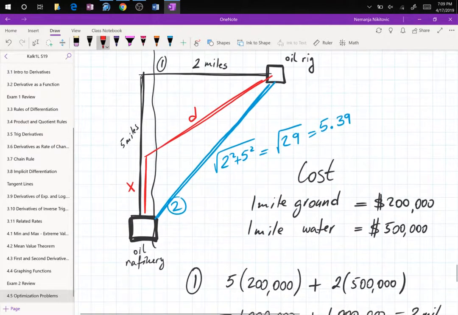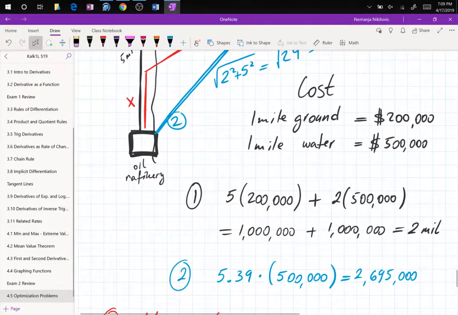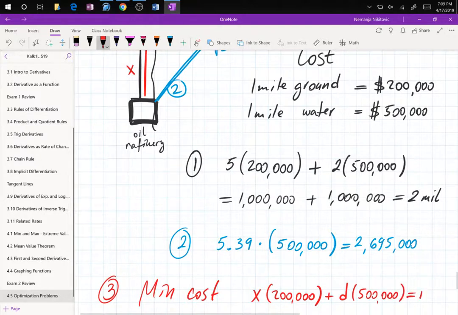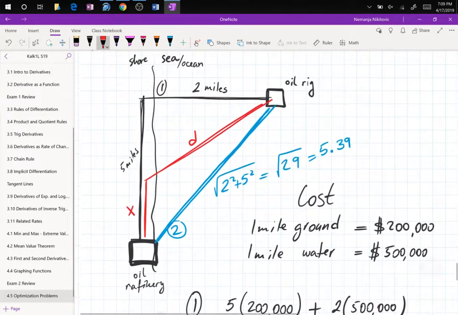So now, minimum cost is going to be x times 200,000, because that's the ground, plus distance d underwater times half a mil equals a min. And this is your objective equation because you have minimum in it. Now you have x and d that you don't know. But do not despair. Let's figure out the other equation.